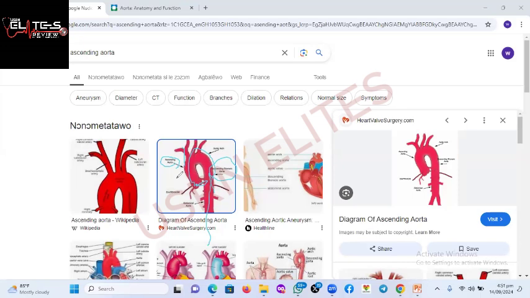Then you could also have the ascending aorta. The ascending aorta sends blood to the upper part of our body. So if you assess the pulses and see an alteration, and the ascending aorta is affected, you have upper extremity pulses also getting affected.